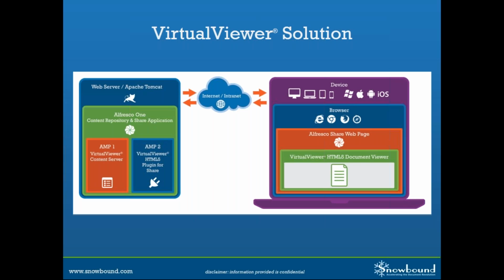And then if you look at the devices side of the screen with the browsers, we support any device, tablets and phones. We support any browser. I believe we are Internet Explorer version 9 and up at this point, and Firefox, Chrome, and Safari. And then we plug right into the Alfresco Share web page and just replace the PDF.js viewer.